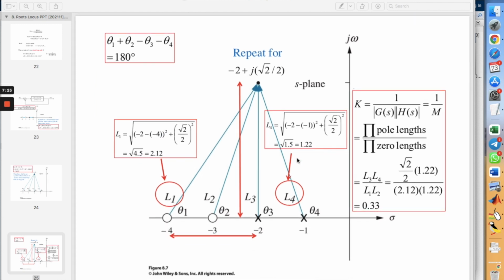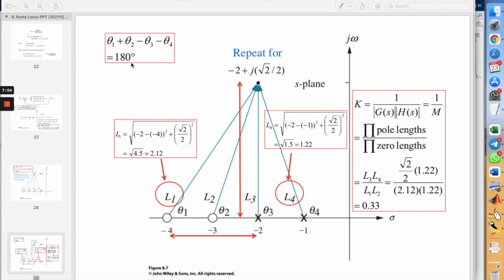If we repeat this example, now we have s at this point here. We can calculate the summation of angles theta 1 plus theta 2 minus theta 3 minus theta 4. The summation would be 180 degrees. So this is a good sign.